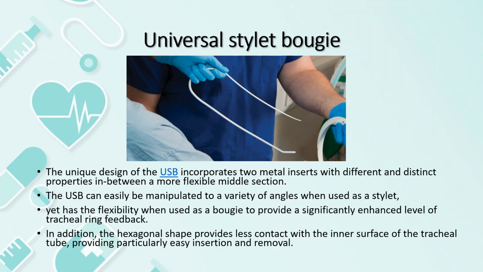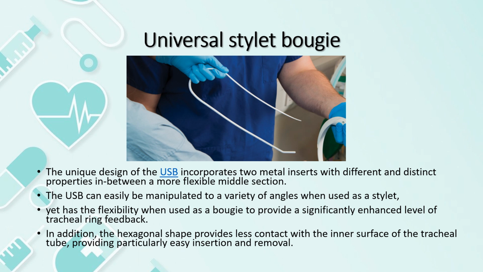Another kind of stylet is the universal stylet bougie. It has a unique design, incorporating two metal inserts with different and distinct properties, in between a more flexible middle section.